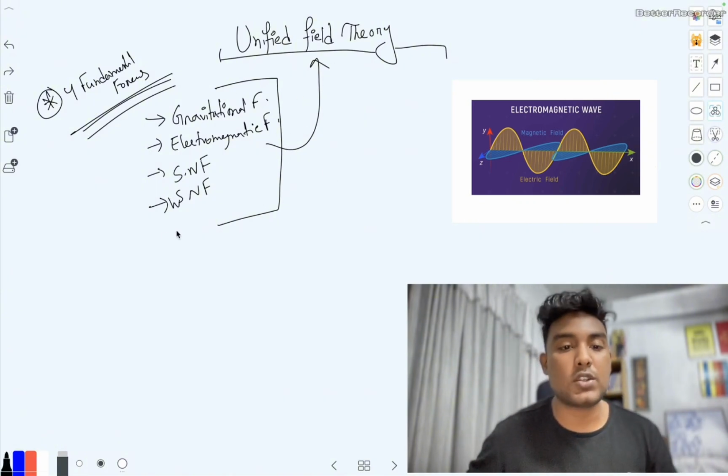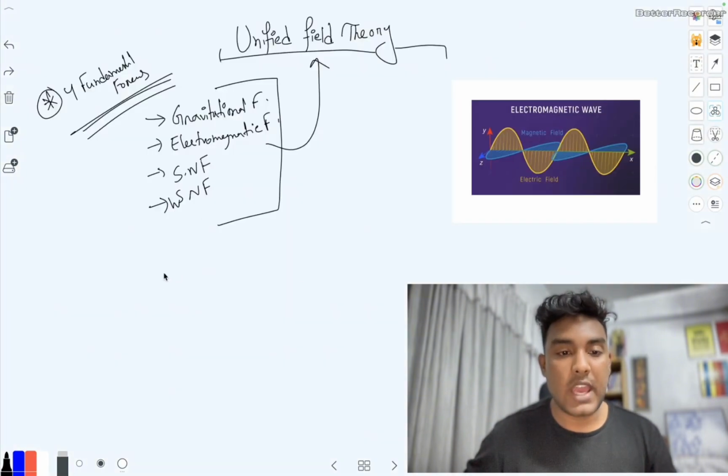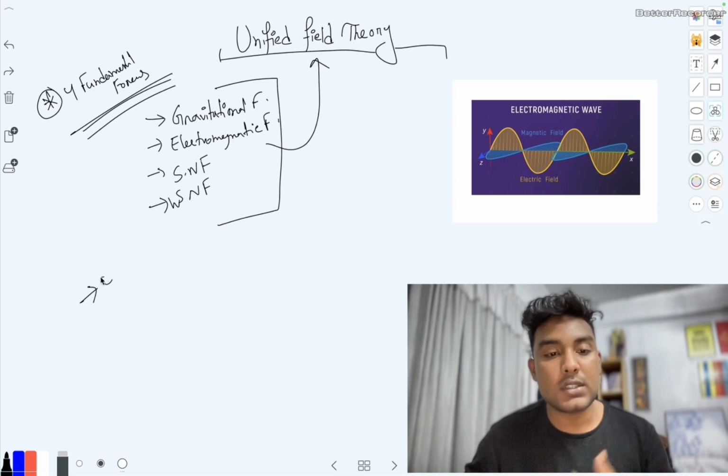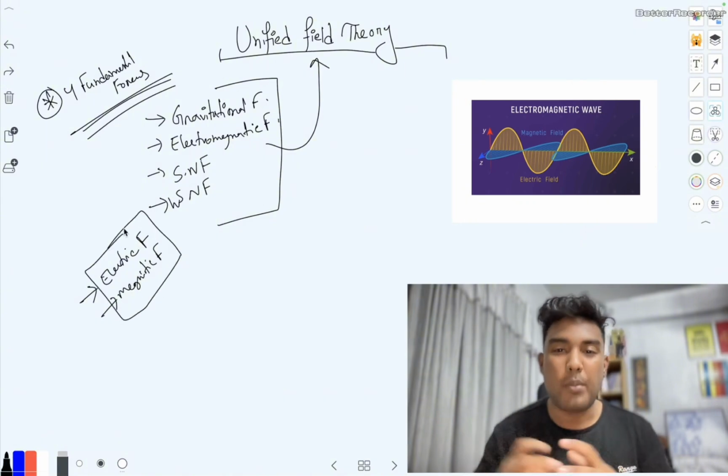First of all, let's talk about James Clerk Maxwell. Firstly, Maxwell came up with an idea of combining the electric force and magnetic force. These two were not that much combined before.